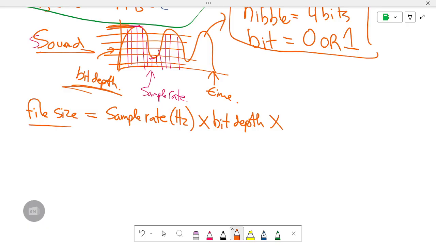If you have 2 sounds, this is called stereo. If you have 1 sound, it's called mono. You multiply by 1 if it's mono, and 2 if it's stereo.